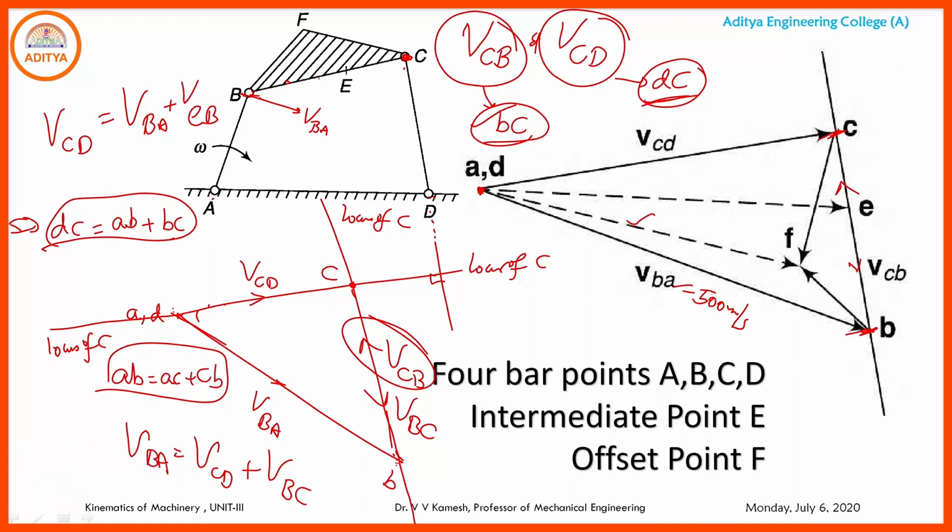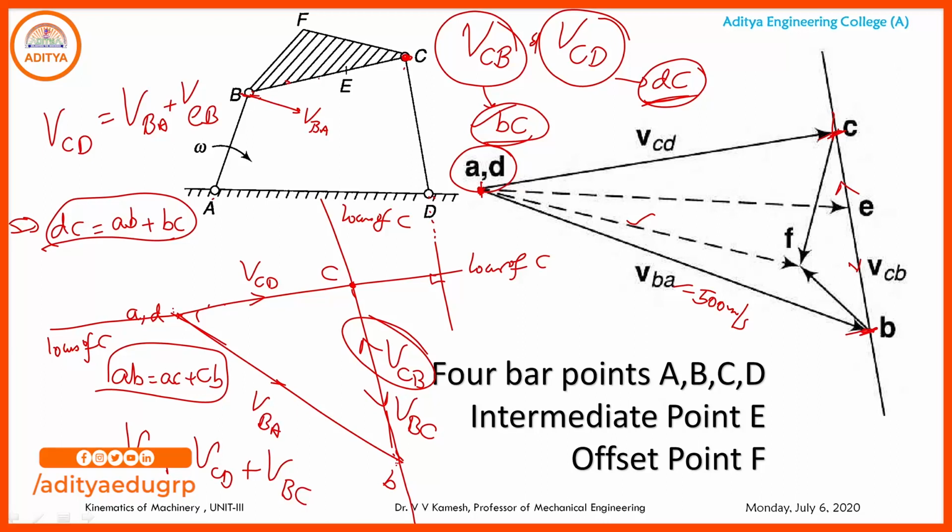That means velocity of C with respect to B or B with respect to C, both will be having same magnitude, but the representation will be in the reverse direction. So, similarly, AC, this length will be identified with the same scaling. We can calculate velocity of C with respect to D or the reversal velocity of D with respect to C. But practically speaking, we should not say anything about the velocity of the fixed point with reference to other point.